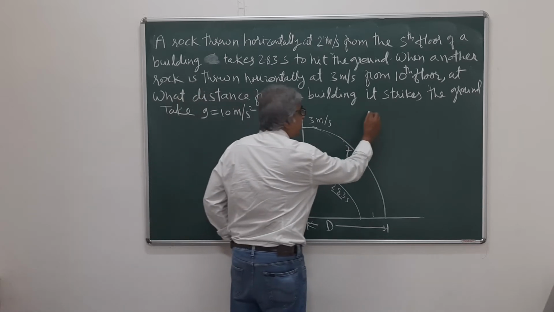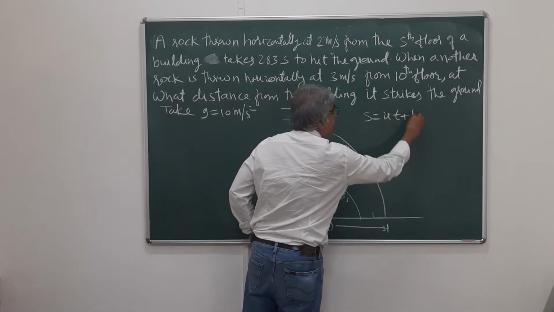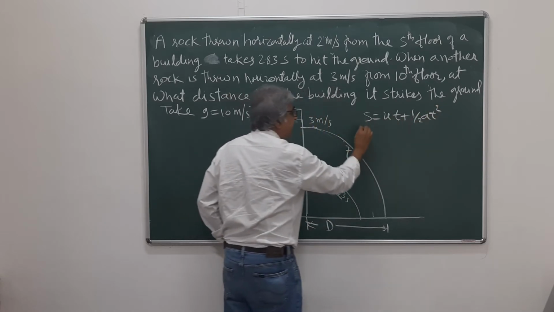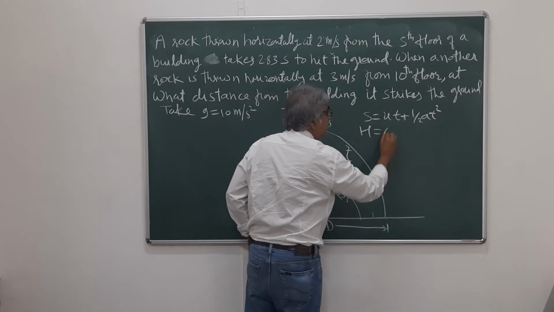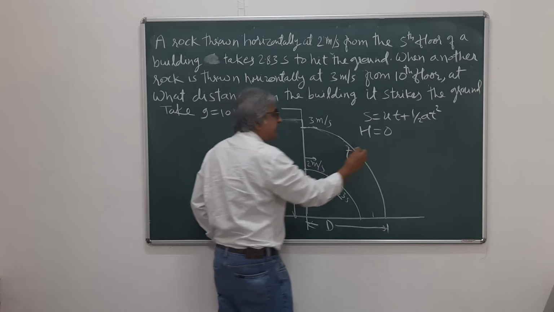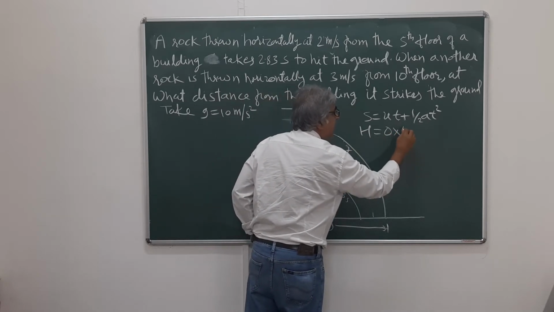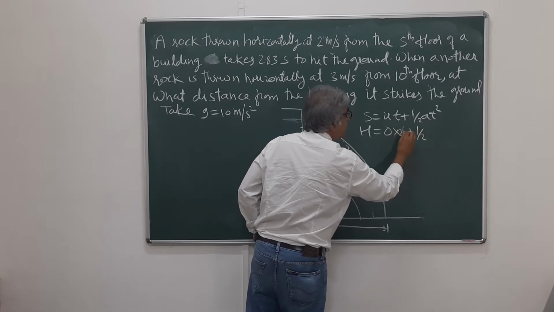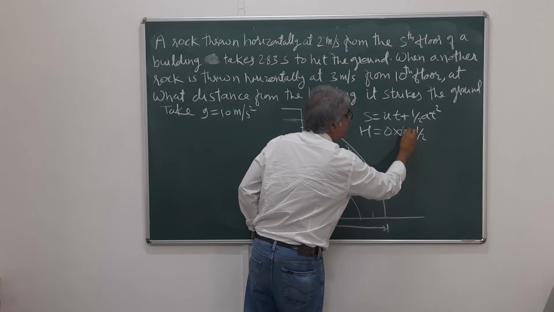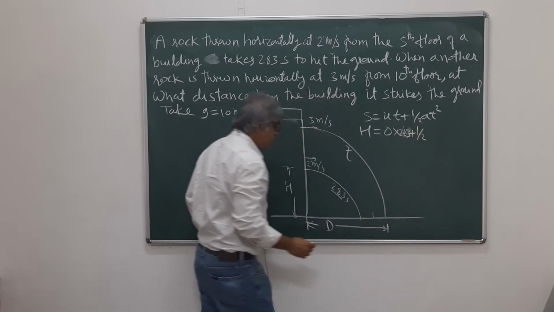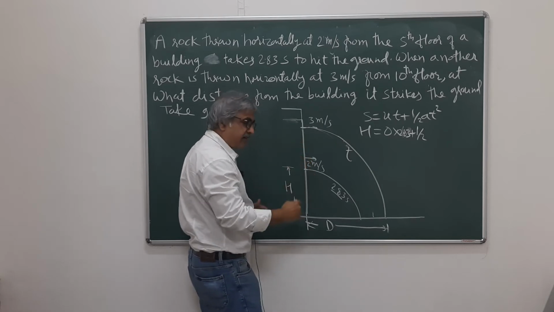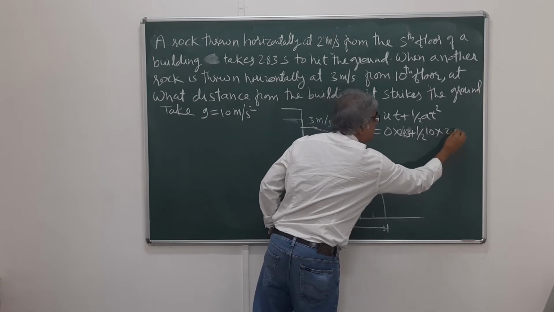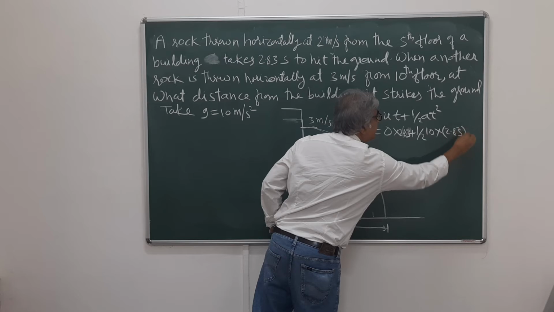So we can use the relationship s = ut + 1/2 at squared, where t is given and s is h. u, the initial vertical velocity, is 0, so 0 into t plus half, with t being 2.83, times a, the acceleration, which is 10 meters per second squared, into 2.83 squared.